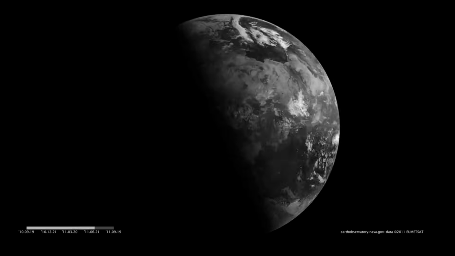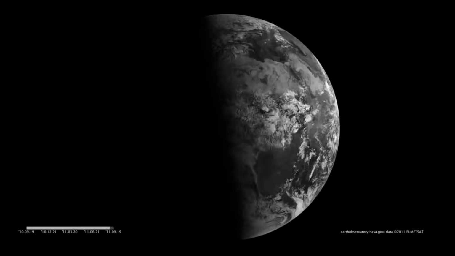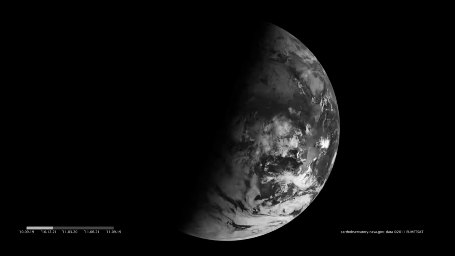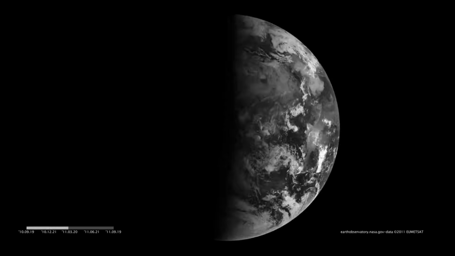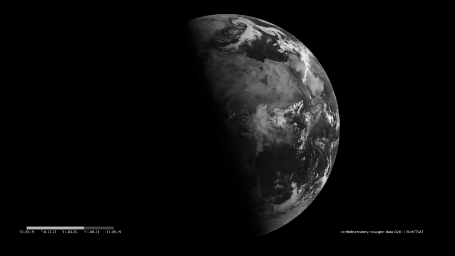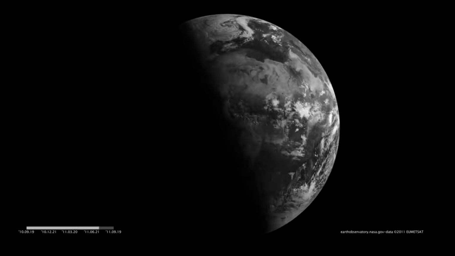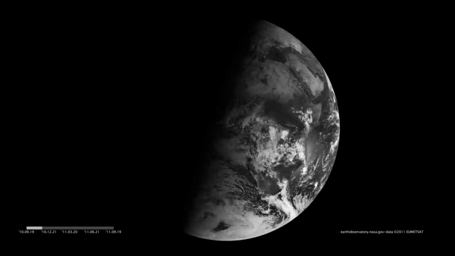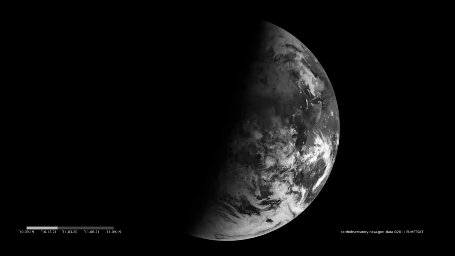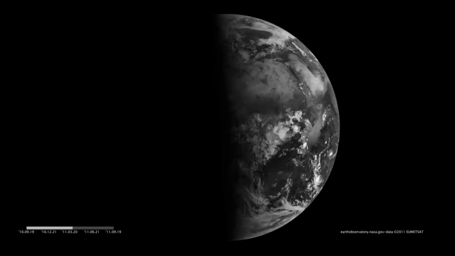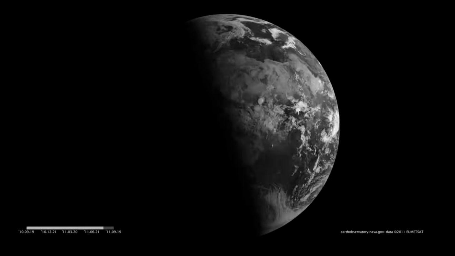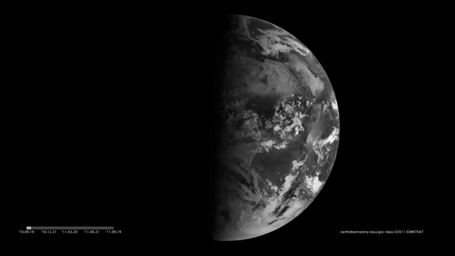So we're seeing all of the seasons here, but today, for most of the world, is the solstice, which signifies the start of winter in the northern hemisphere and the start of summer in the southern hemisphere. The solstice will be on December 21st for most of the world, but some areas very far to the east, I believe areas like Japan, Australia, and New Zealand, will actually see it in the early morning hours of the 22nd.